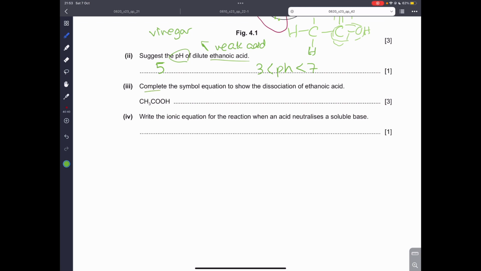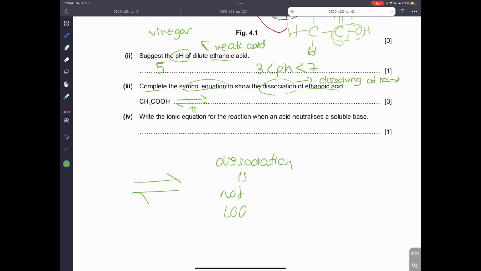Now complete the simple equation to show the dissociation of ethanoic acid. Now dissociation is basically a fancy term for dissolving. So it basically means the dissolving of ions in this case. We have to use the reversible sign, because the dissociation of ethanoic acid is not 100%.